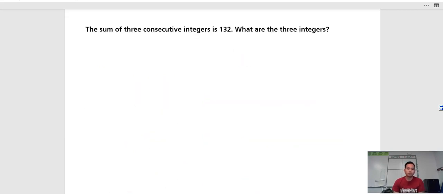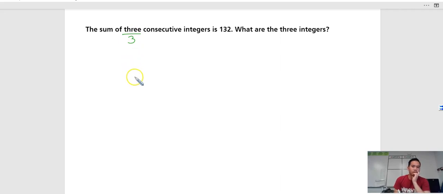Now this problem here is a word problem. We are looking for three consecutive integers whose sum is 132. When we say consecutive, they are next to each other, right after the other one. So what are the three integers? It could be positive or negative integers, we do not know.